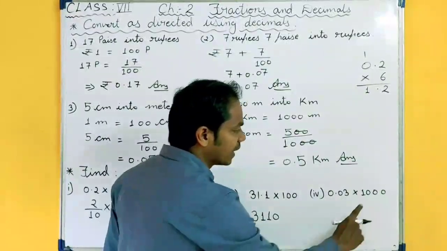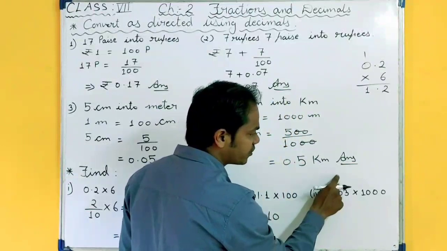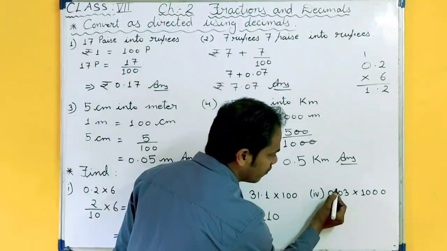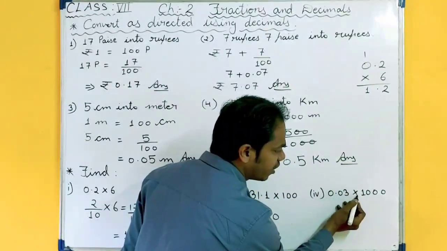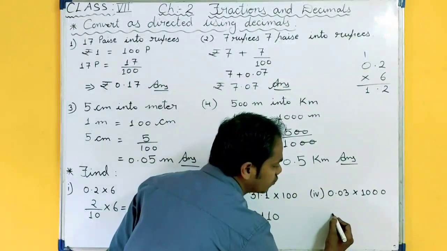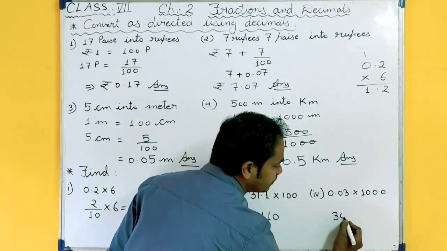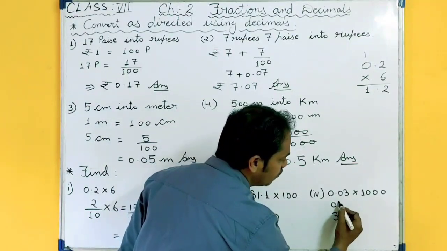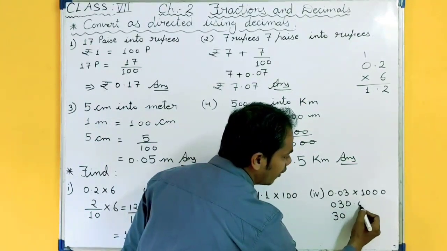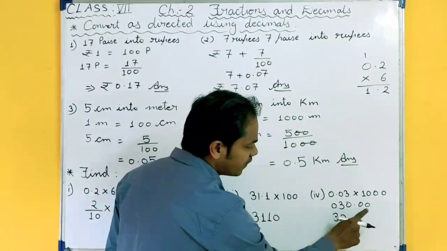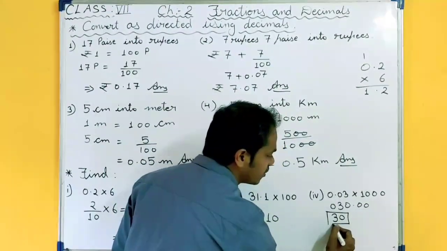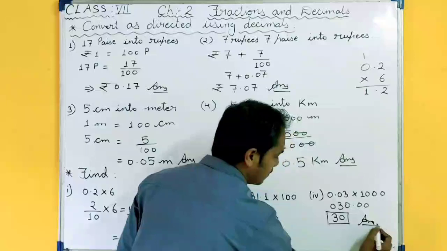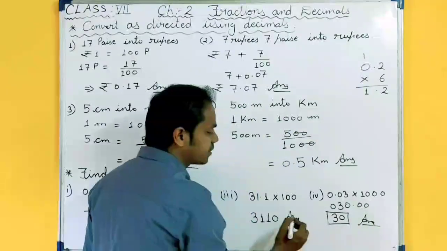Same way here. 3 zeros are there, so your point will shift 3 values. Okay, 1, 2, and third value you can mark 0. This value can be written as 30. This is your answer. Okay, this is multiplication.